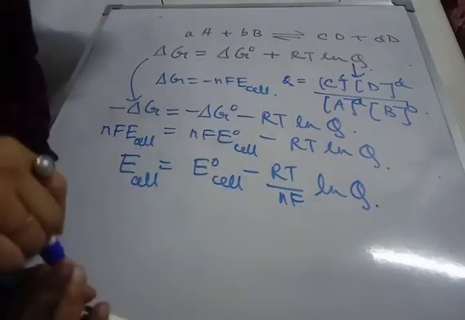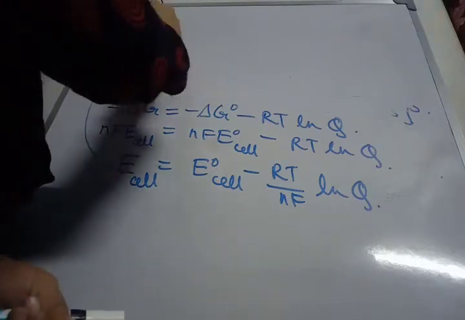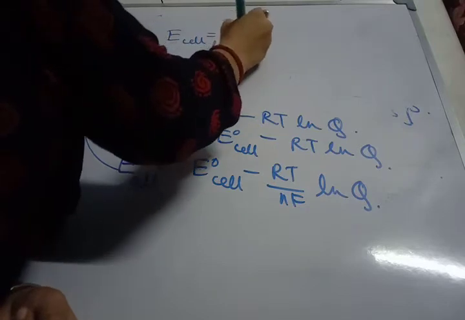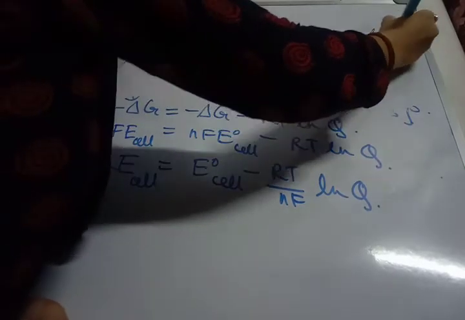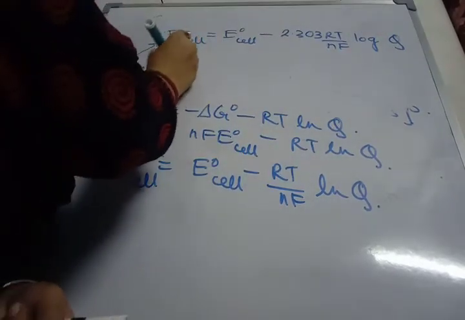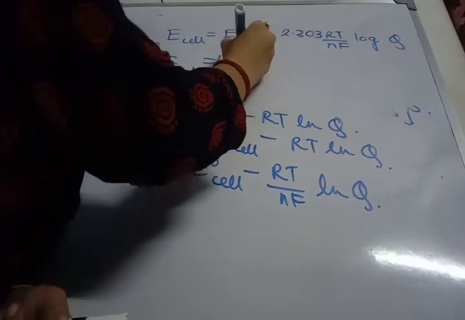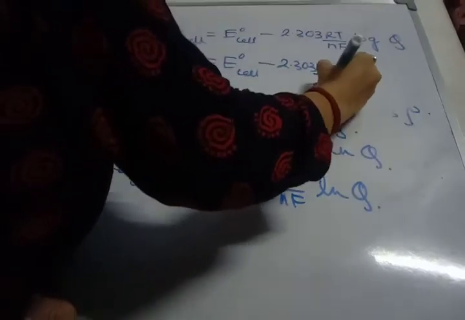Now if I want to convert ln to log, I multiply by 2.303. So E cell equals E0 cell minus 2.303 RT by nF log Q. Now next step, I write the terms of Q. Q is what?